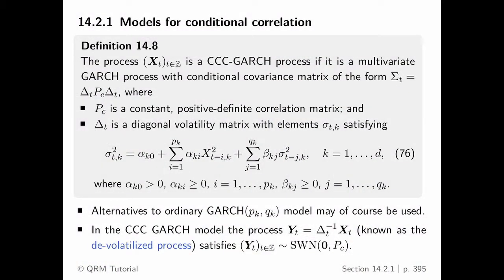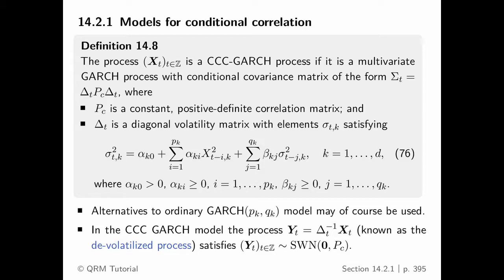So the first possibility that I will look at is the CCC. This was suggested by Engle. It stands for Constant Conditional Correlation GARCH. So we have a process of multivariate GARCH form where the conditional covariance matrix depends on the past, but this sandwich is simplified.